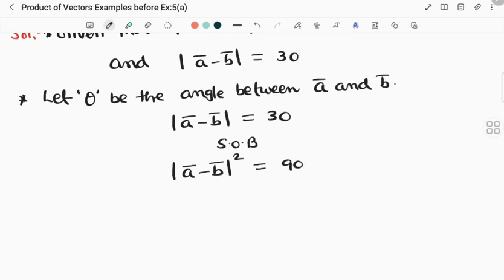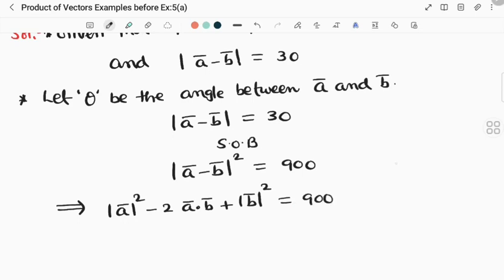So 30 square means 900. So this is mod A bar square minus 2 into A bar dot B bar plus mod B bar square is equal to 900.